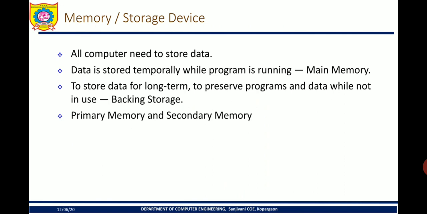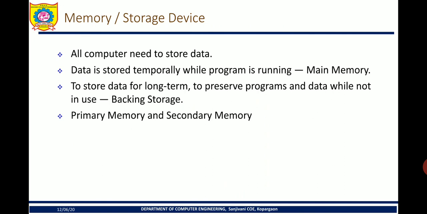So for processing we need memory. It could be temporary storage or permanent storage. Primary memory means the memory which is used to store data on a temporary basis, and secondary memory is a large memory which can store data for a longer period of time. All computers need to store data.